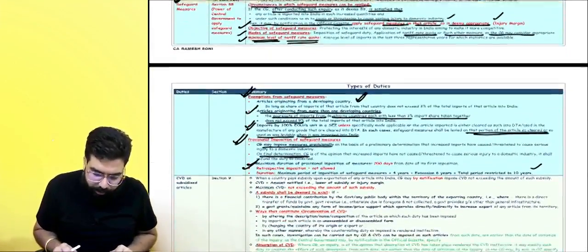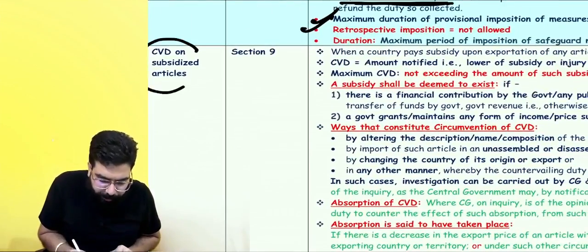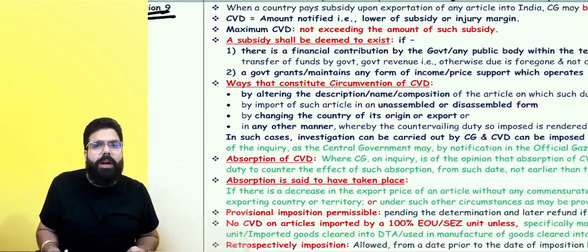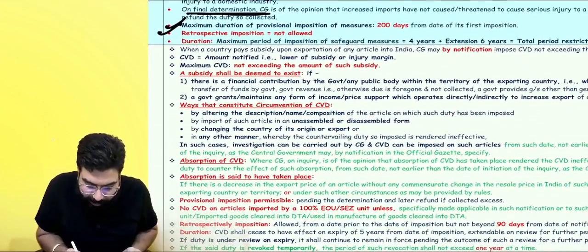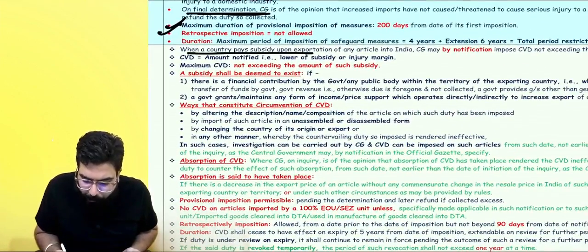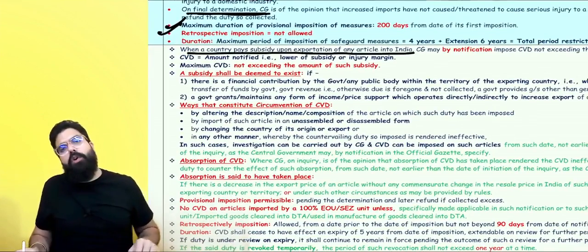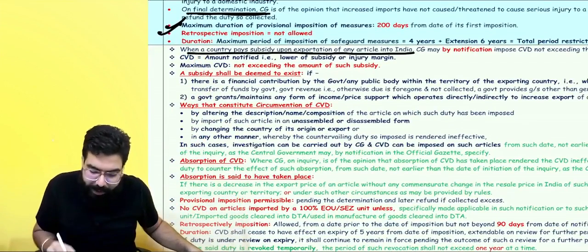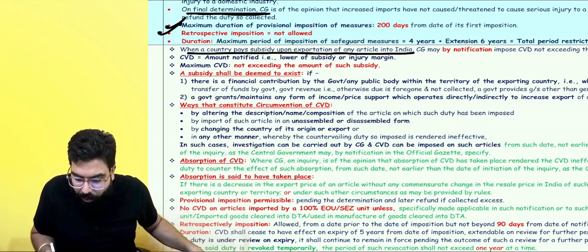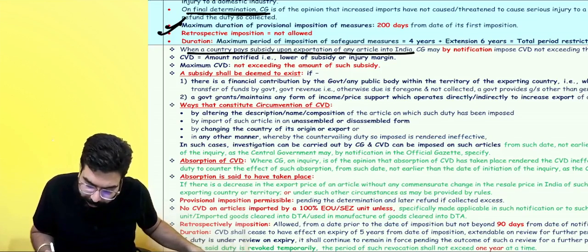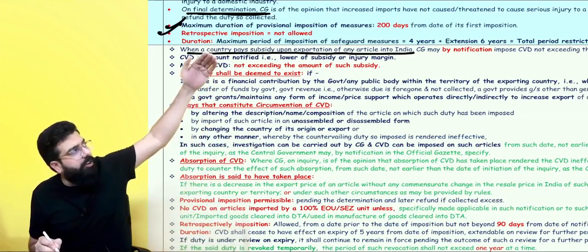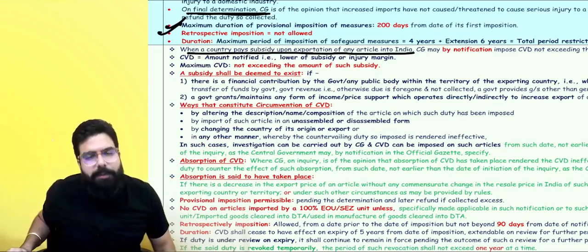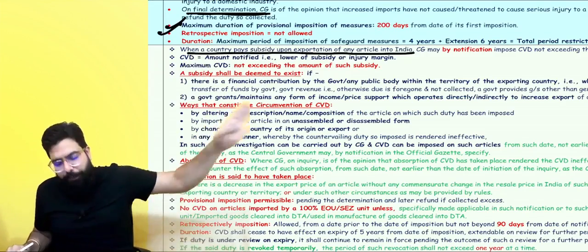Let's read about CVD on subsidized article. Very, very important for your exam this time. Section number 9. When a country pays subsidy upon exportation of any good, for example the Chinese government is paying subsidy to a person in China, on an article exported into India, the Indian government will charge anti-subsidy duty, which is CVD on the subsidized article.